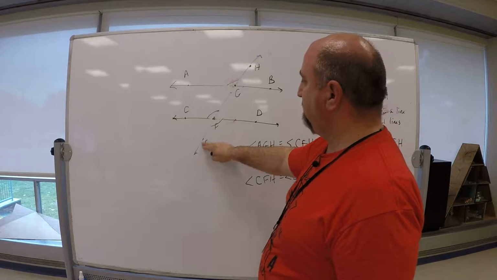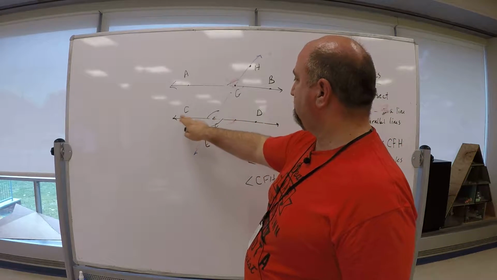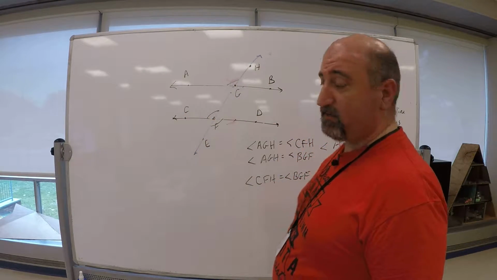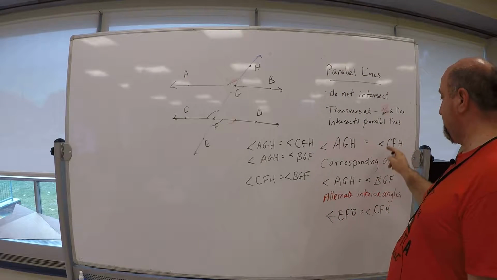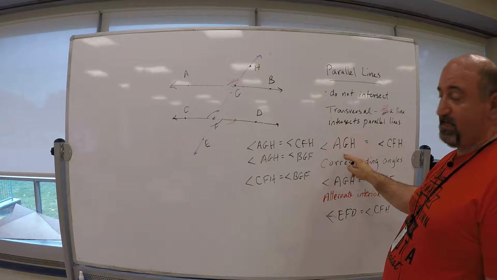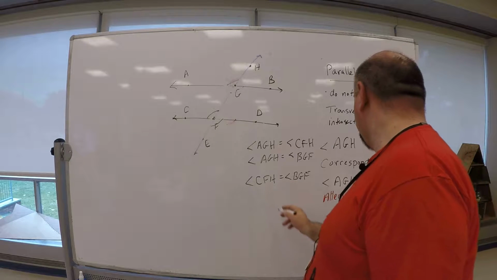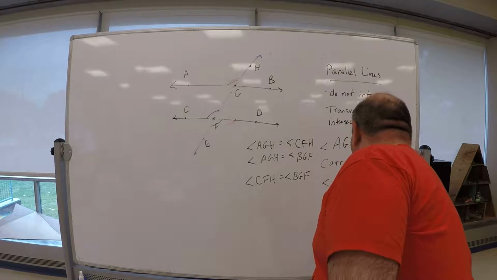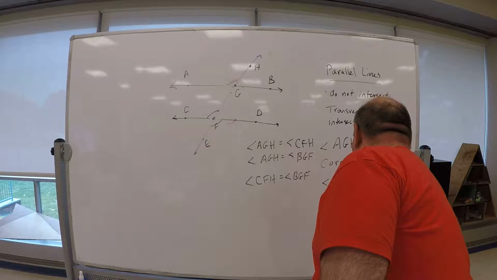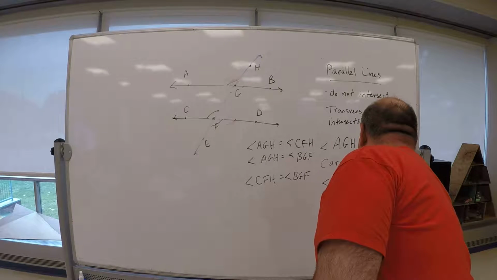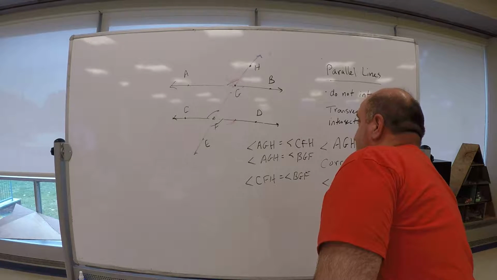So EFD is equal to CFH because they're vertical angles. And again, we already showed that CFH is equal to AGH. So by that, we can prove that angle EFD is equal to angle AGH.